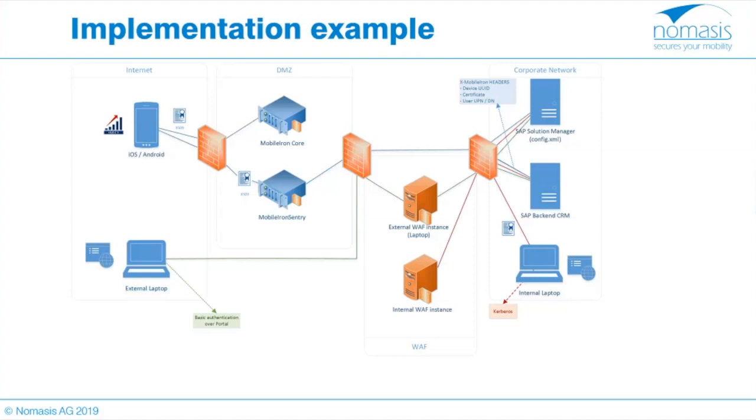This is a short implementation example we did for a customer. It is meant to show that many parties can be involved in such a project. So from the device to the DMZ, in this example, we have the MDM system, the MobileIron Sentry, handling the requests, which will pass on communication and authentication to your backends.